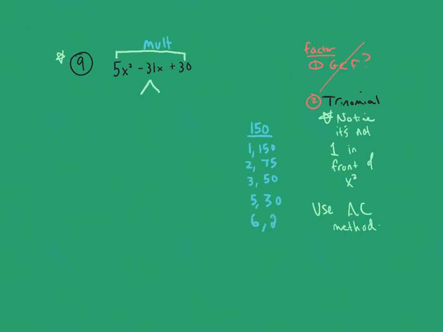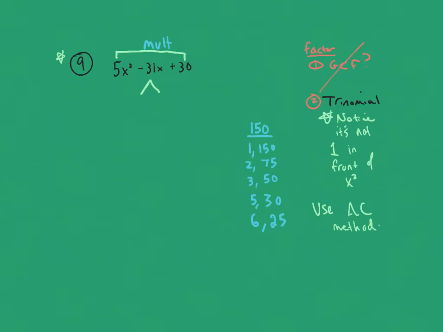6 and 25. And by the way, you can use your calculator on this and just do 150 divided by 1, 150 divided by 2, 150 divided by 3, 4, 5, 6. And where are we at now? Divided by 7.